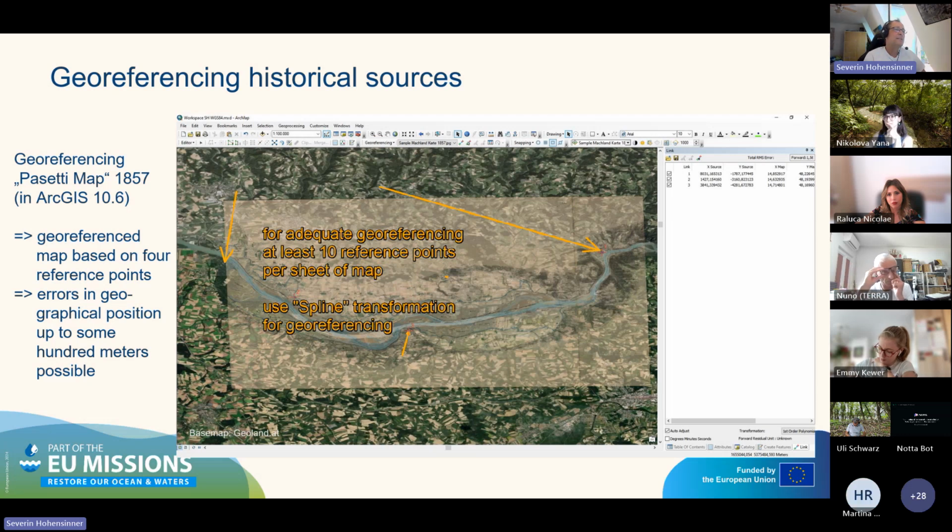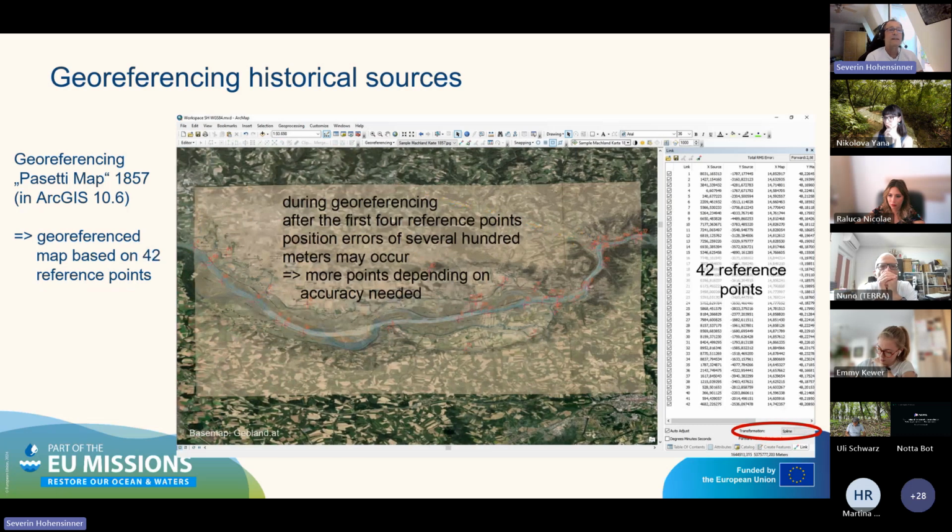So in this case, we used 43 reference points to improve the correct position of the map, and we generally use the so-called spline transformation function. This showed for us that it brings the best results.